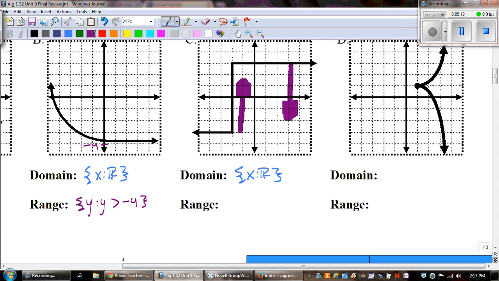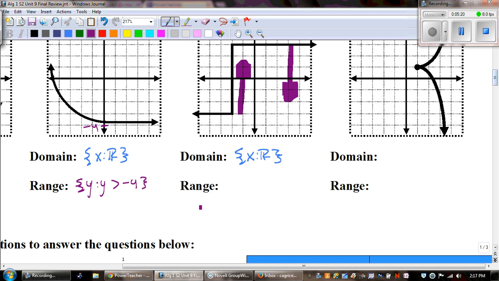So we got to be really, really careful when we're writing this out. So off to the side on my paper, I wrote that y is greater than or equal to -3 and y is less than or equal to 3. So when we write this out, we would start with our lower number, point it to the left, and do that for both cases. That means that y is greater than or equal to -3 and less than or equal to 3. All right, D.